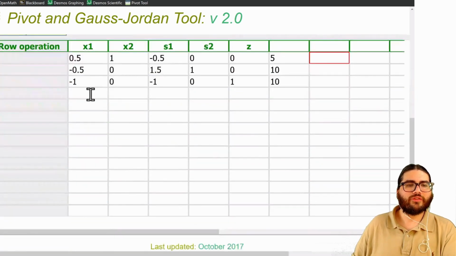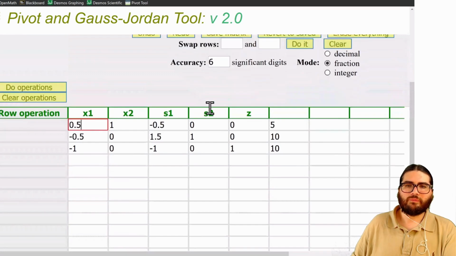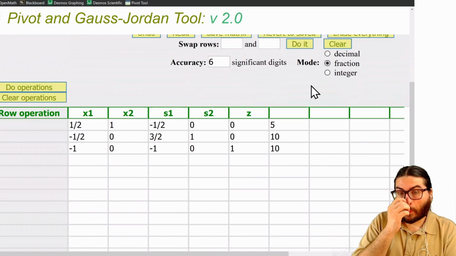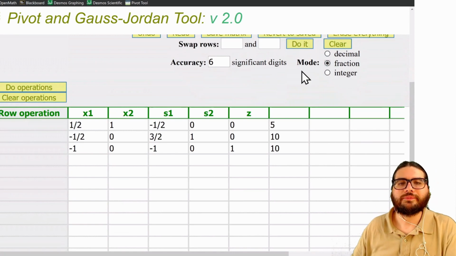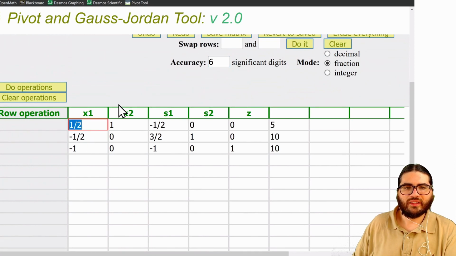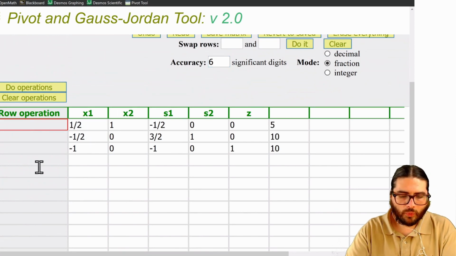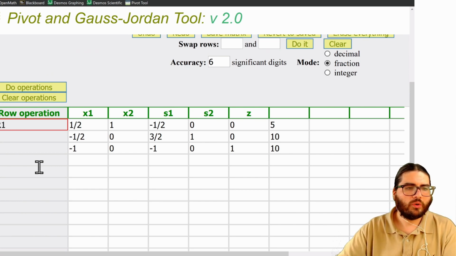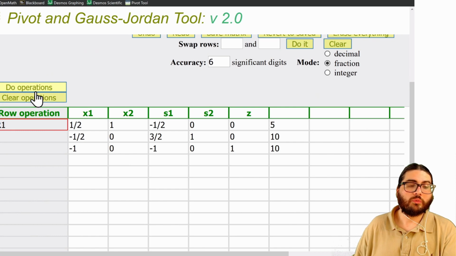If you're doing fractions, you might need to increase this accuracy of significant digits, or else you might get really nasty looking decimals. But keeping it fractions will make things a little bit simpler. So to get rid of a 1/2, I multiply times 2. 2 times row 1 replaces row 1.